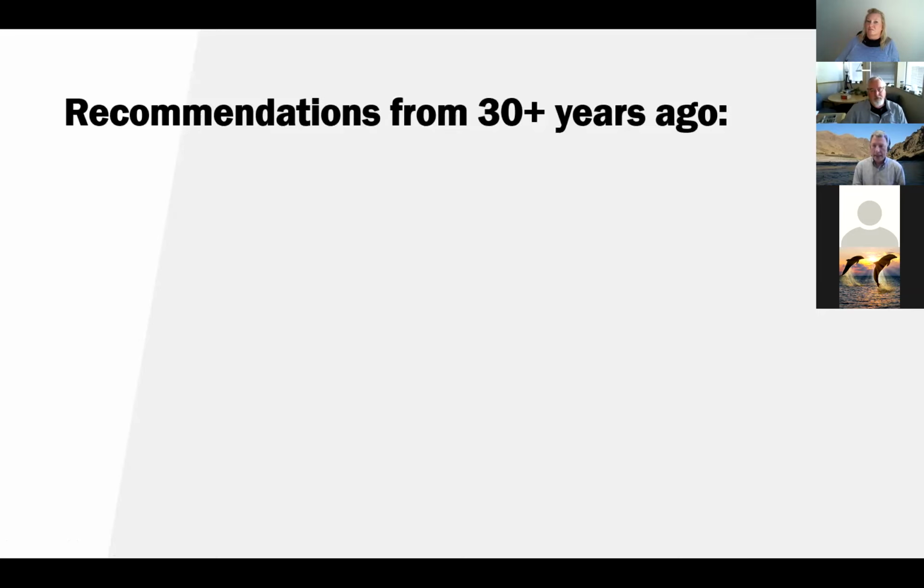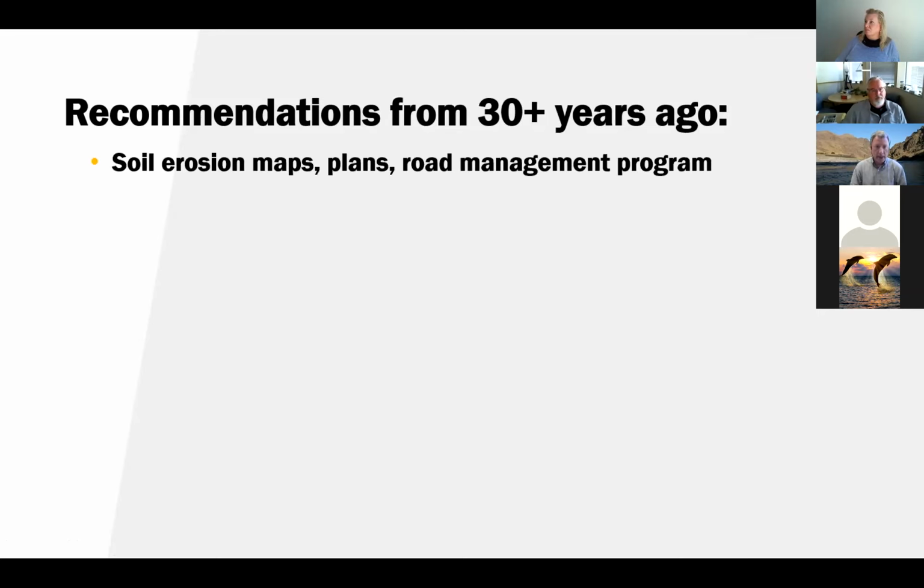Okay, so then they made some recommendations, as did the management plan that was formulated. And one of those was generate soil erosion maps, some plans across the county, and then look at road management programs. And these were primarily directed at some of the forest practices that are occurring on the Inland Empire Paper Company land.